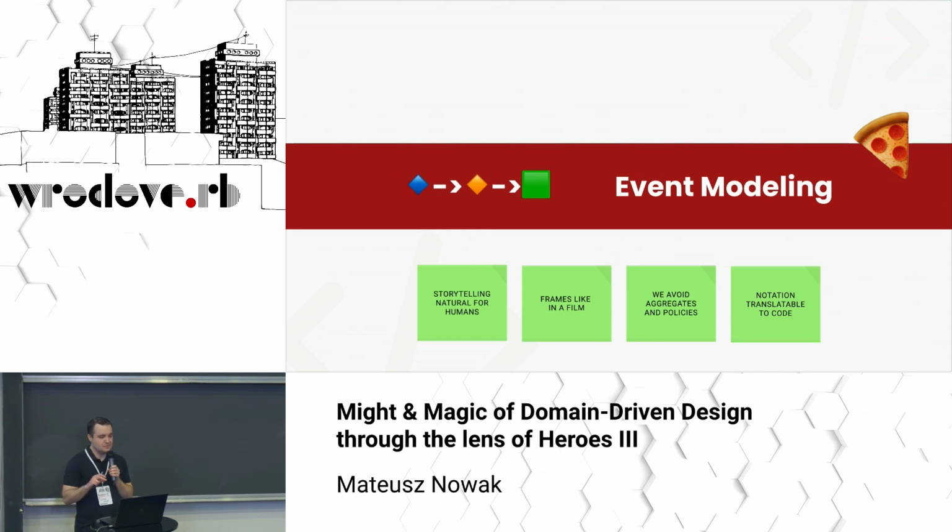We draw the business processes like frames in a movie, and in the notation we avoid very technical terms like policies or aggregates. Event modeling was coined by Adam Dymitruk in 2018 at the Event Storming Summit. Initially it was called single-thread event storming. I think there is something in the name, and is it better than event storming? I don't know, I leave it for your judgment, I prefer it.